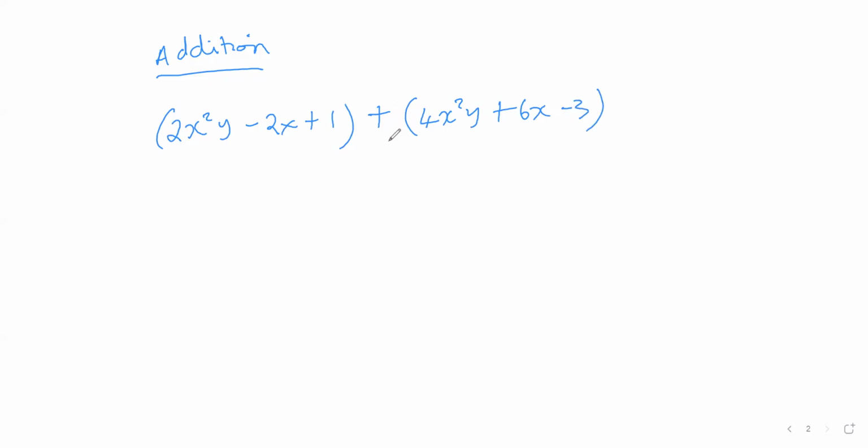We can add these two algebraic expressions by adding like terms. So first of all, what is a term in an expression? Terms are individual expressions separated by addition and subtraction signs only.